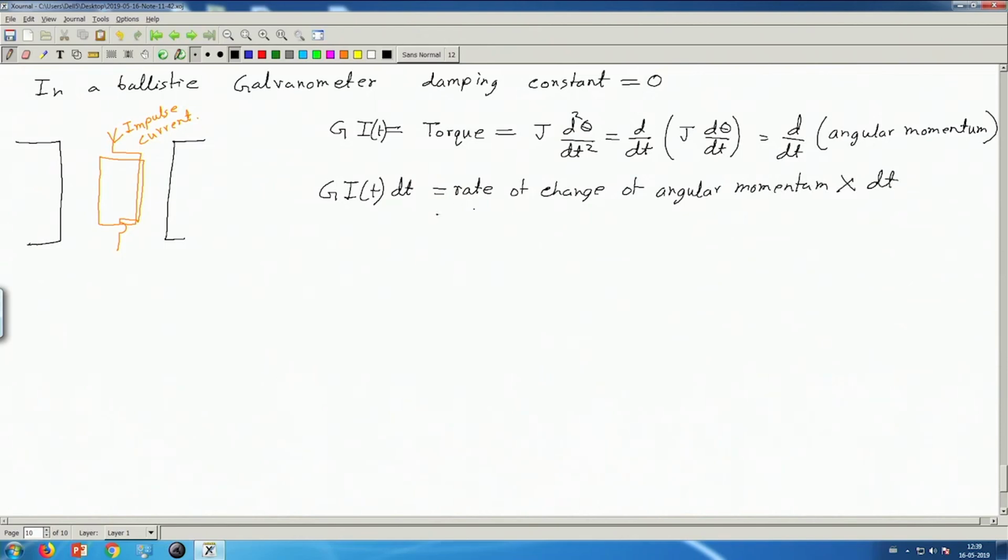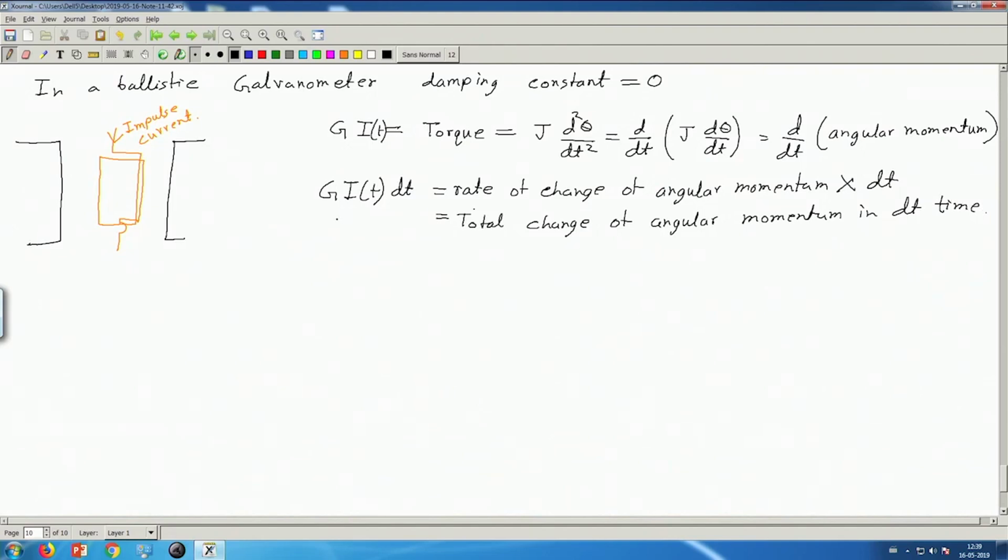So this will be the total change of angular momentum in dt time.